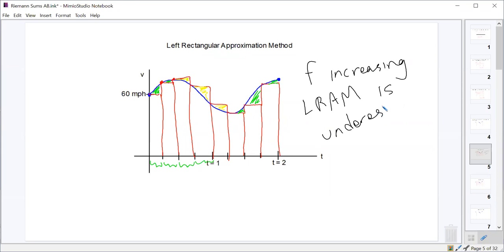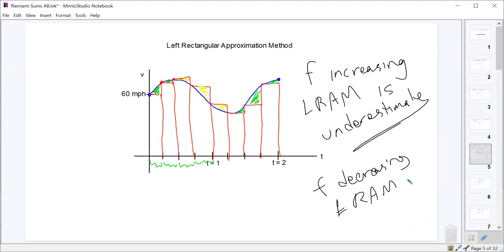And this is an important point that you'll want to remember, okay? And anytime that f is decreasing, our left rectangular approximation method is an overestimate. And if you don't remember it, you could pretty quickly draw the picture and see that that's the case. Everybody good there?